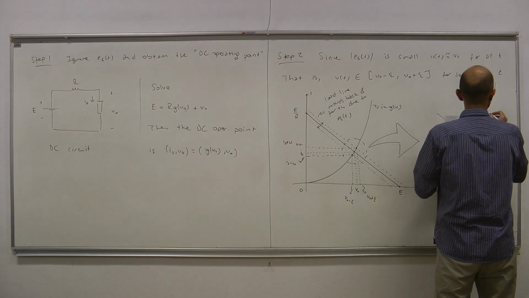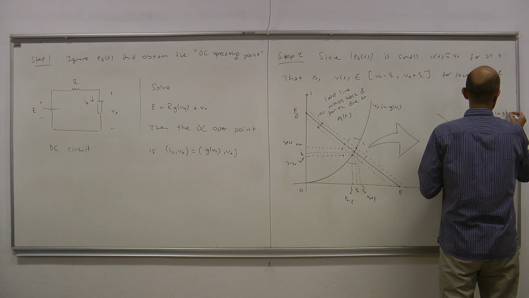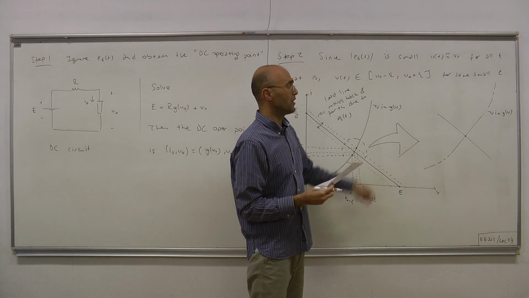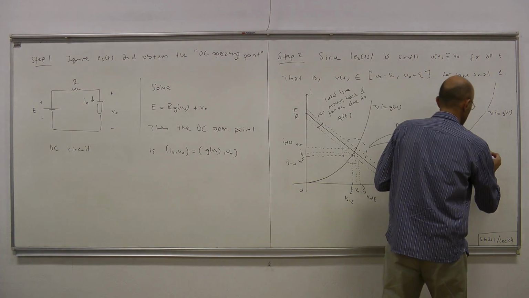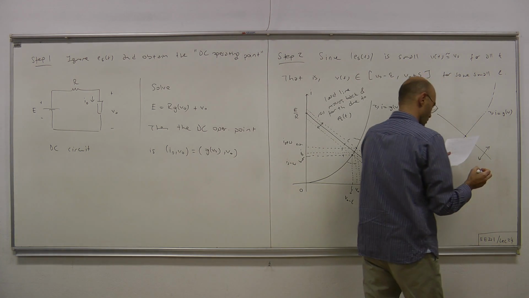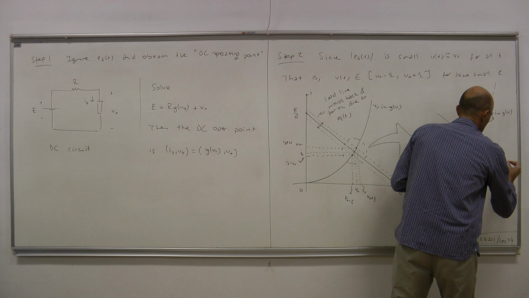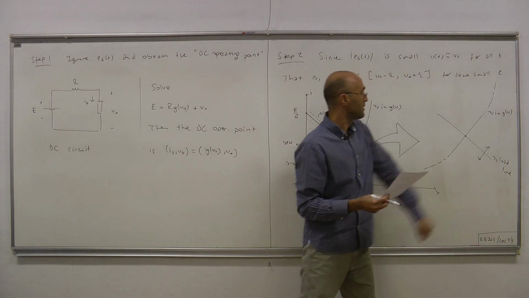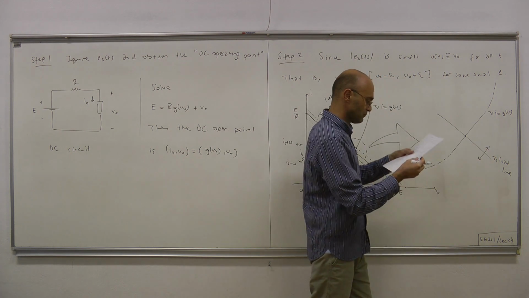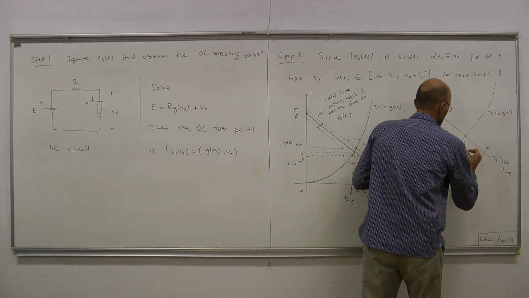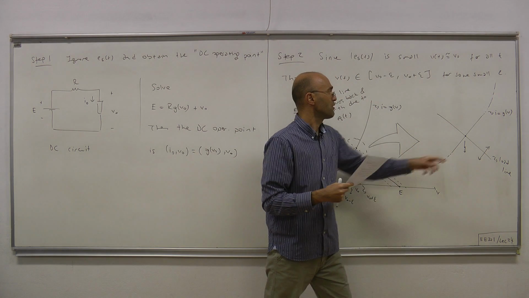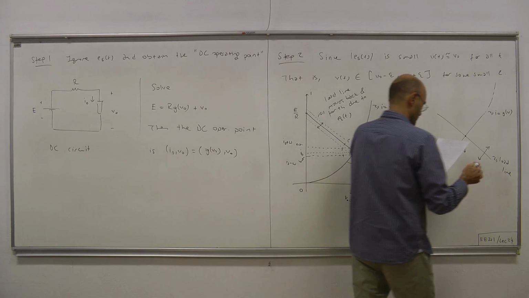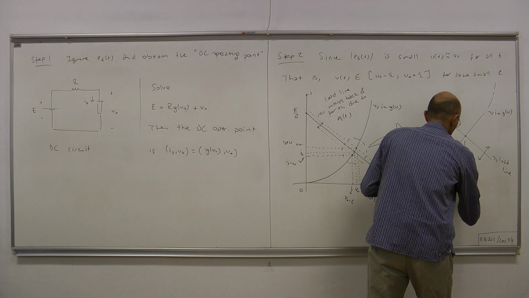So this is I equals GV, the terminal equation curve, and this is the load line which moves back and forth. And as it moves back and forth, the point where it intersects the I equals GV curve changes in time. This is the DC operating point, V0, GV0.